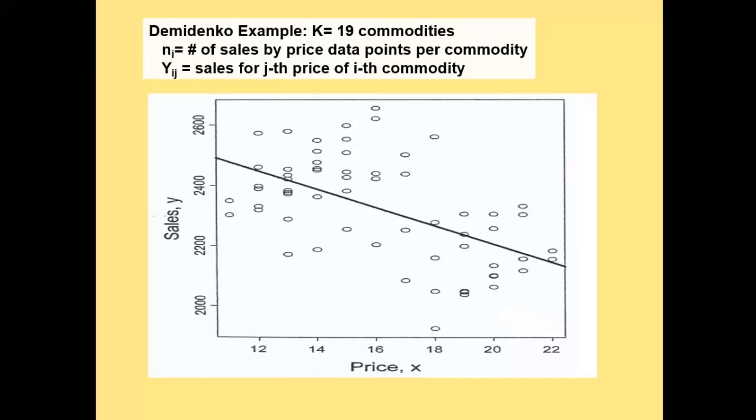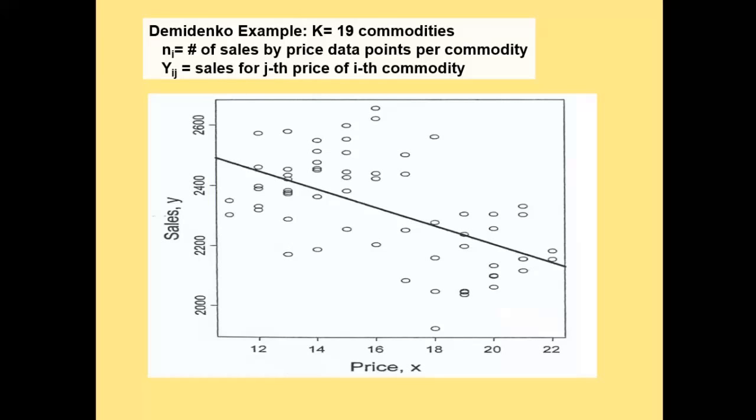N sub i is the number of sales by price. Each one of these commodities has been offered for sale maybe more than once at different prices.